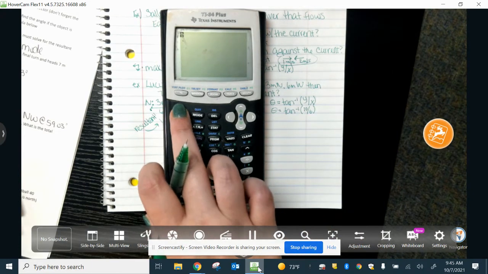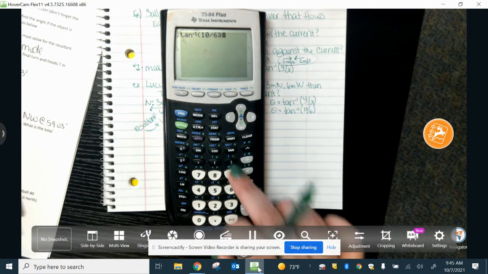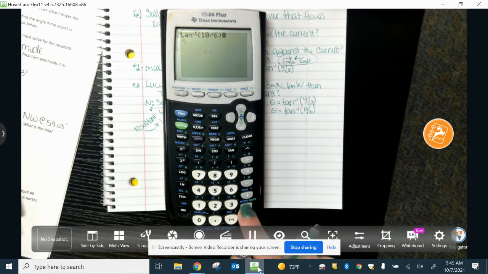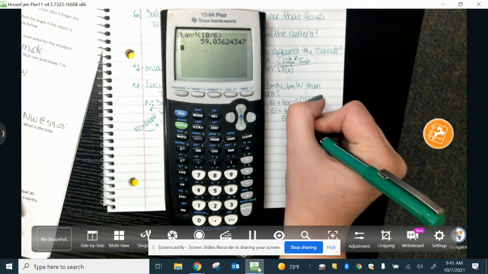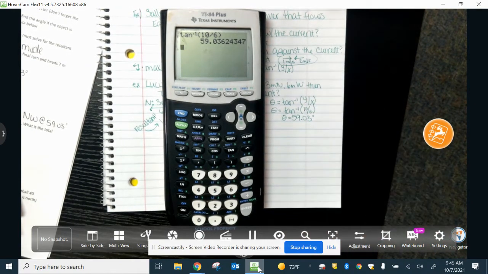So to get that, I have to hit blue, tan, and it shows me tan to -1. 10 divided by 6. Close the parentheses, hit enter. And it should get you 59.03 degrees.